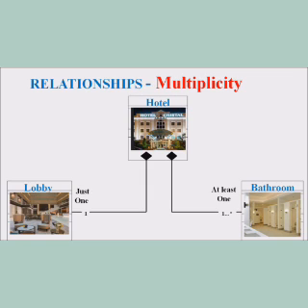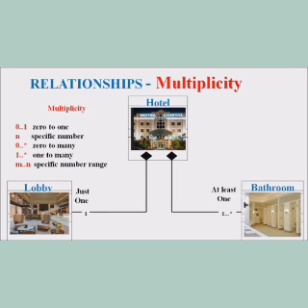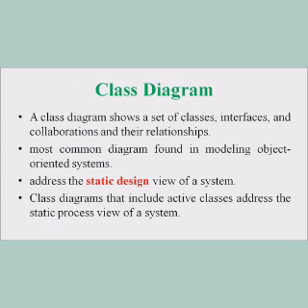This can be read as a hotel has one lobby, a hotel has one to many bathrooms. So the different multiplicities associated with the classes count from 0 to 1, a particular specific number, 0 to many, 1 to many, or between two different number ranges. These are the different multiplicities associated with a class.